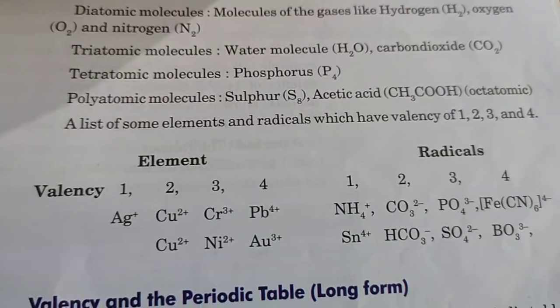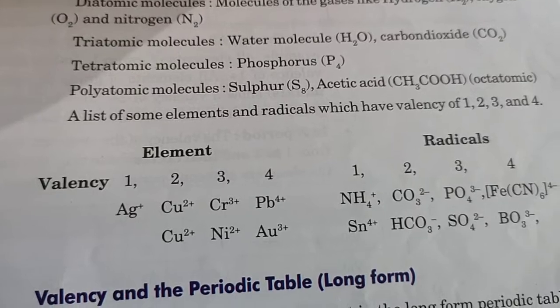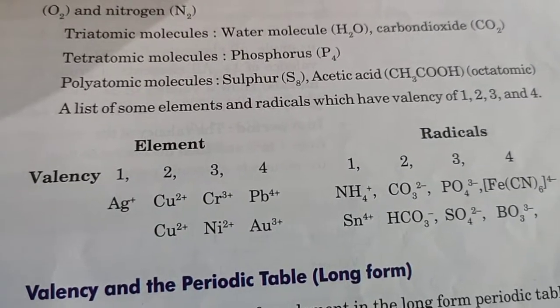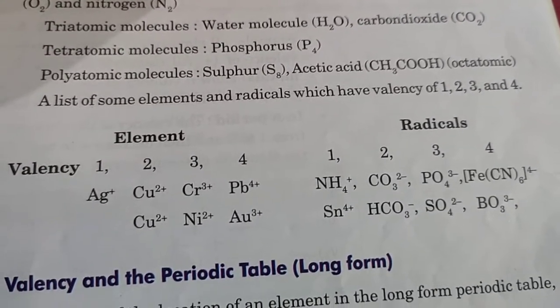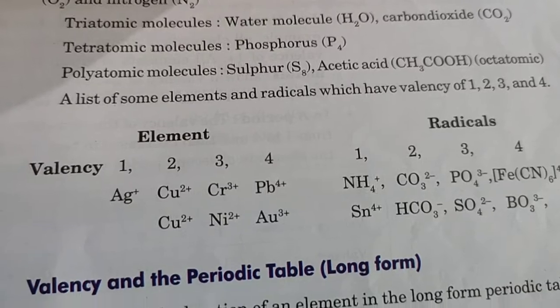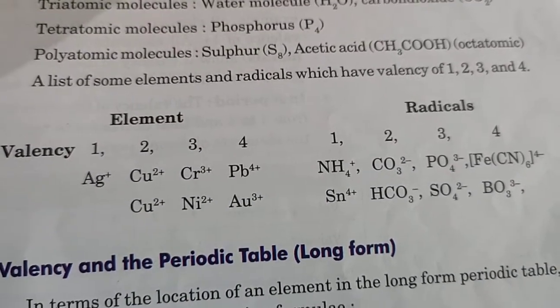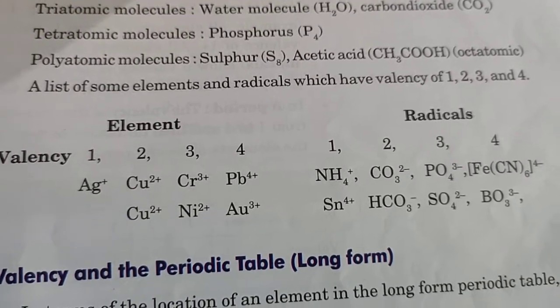So here the water molecule has 3 atoms: 2 atoms of hydrogen and 1 atom of oxygen. 2 plus 1 is equal to 3. Carbon dioxide, CO2: 1 atom of carbon and 2 atoms of oxygen is equal to 3. Now tetraatomic. Tetraatomic is phosphorus P4. As you can see, the number of atoms present here is 4. So that is why it is a tetraatomic molecule.